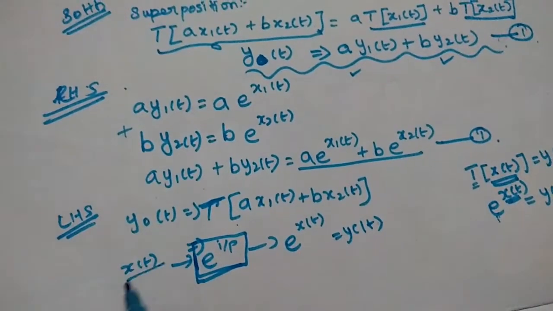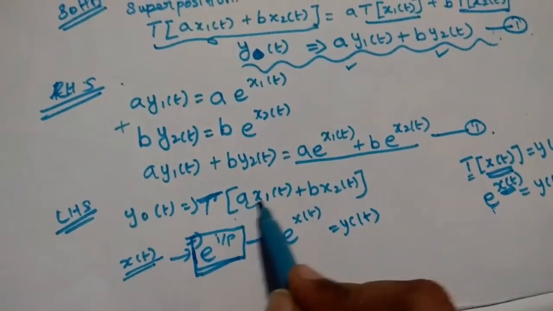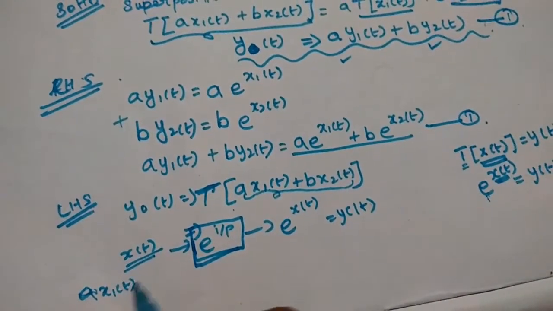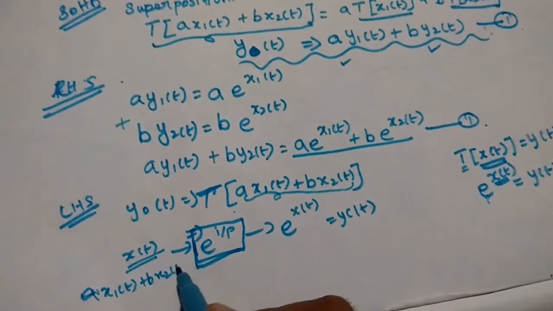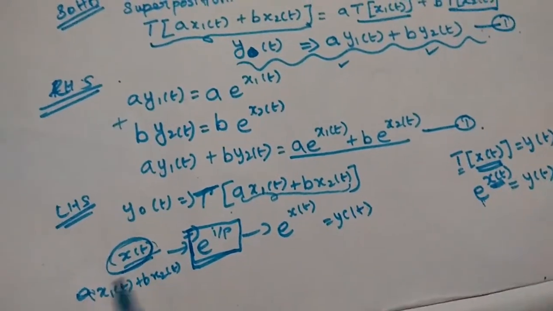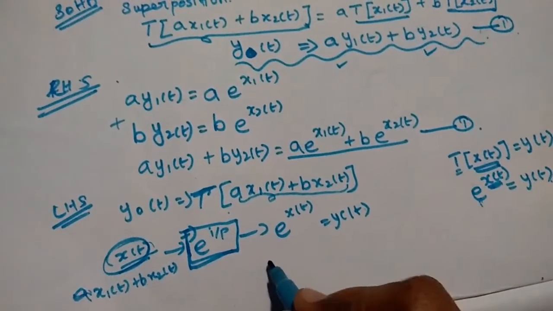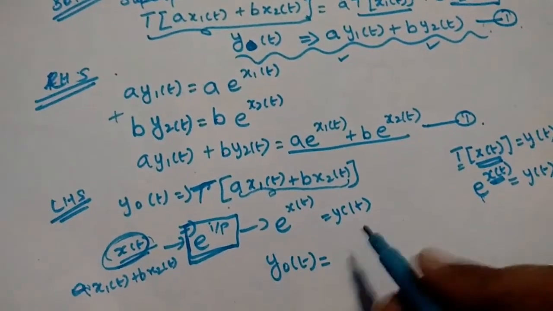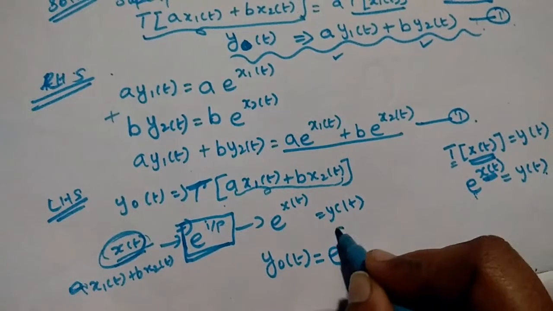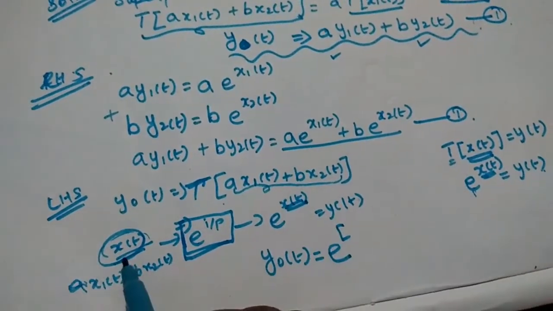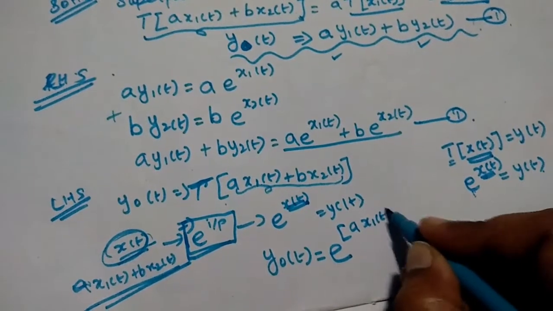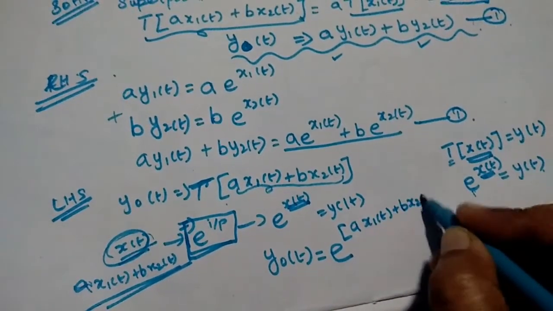Suppose here I am giving my input as a x1 of t plus b x2 of t instead of x of t. At that time, what is my system output? My whole output is the exponential of x of t replaced by the whole input, so e power a x1 of t plus b x2 of t.